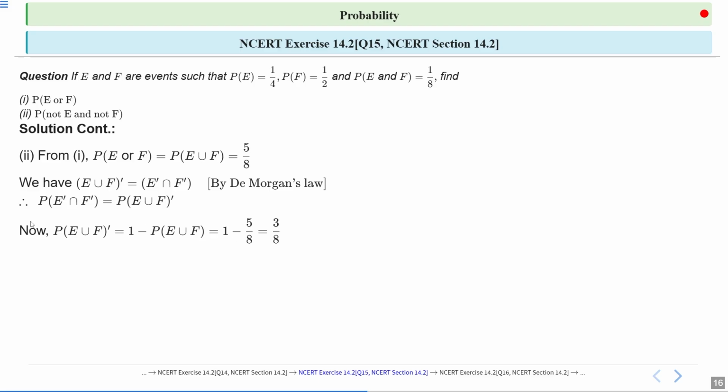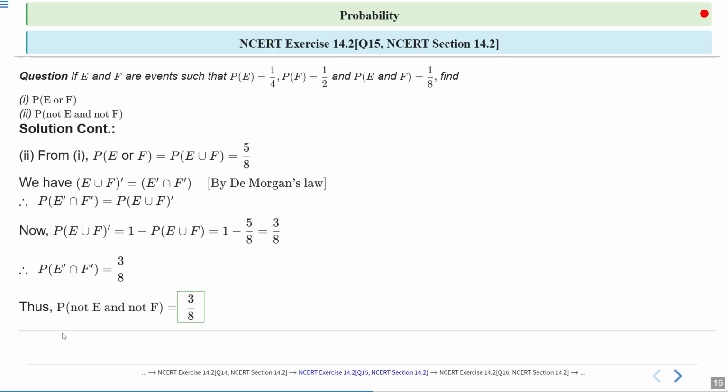Clear? And we already know probability of E complement intersection F complement is equal to probability of E union F whole complement, and we found that this is equal to 3 by 8. Okay, so therefore probability of E complement intersection F complement is equal to 3 by 8.